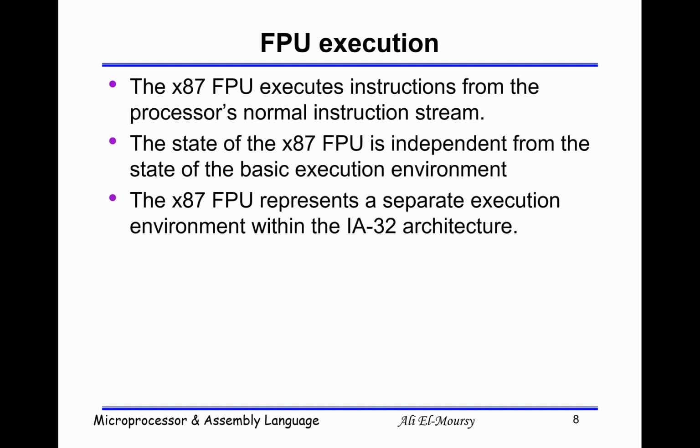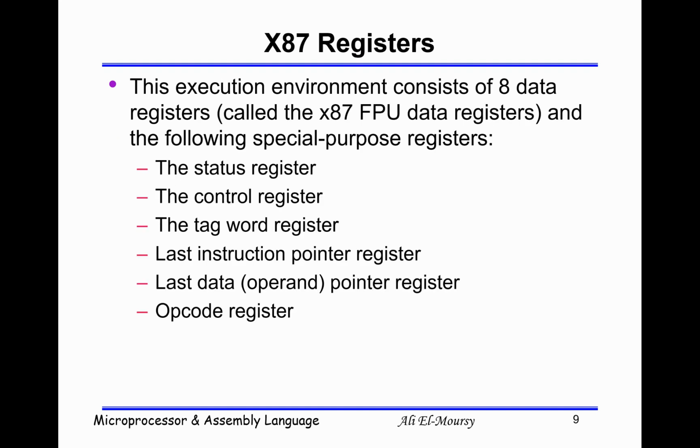So while it is busy doing something, the x87 should indicate to the x86 that it is busy, and it cannot accept more instructions to be sent to the x87 until it finishes the instructions currently executed. So the x87 represents a separate execution environment from the x86, the main processor.